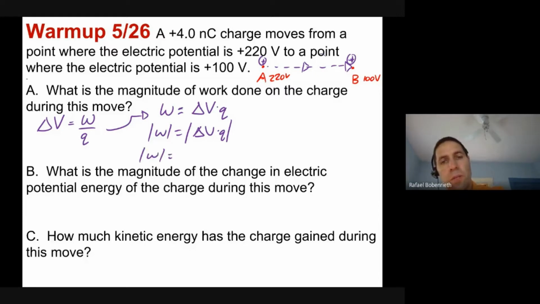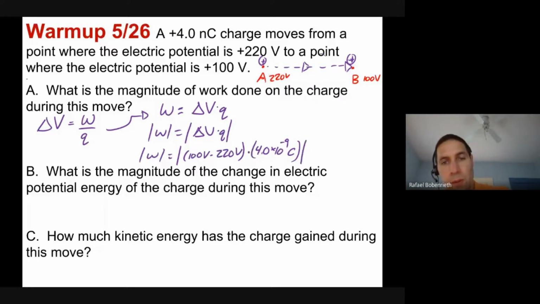The potential difference is just the potential at point B, which is 100 volts, minus the potential at point A, which is 220 volts. That's multiplied by the charge, which is 4.0 times 10 to the negative 9th coulombs, because nano is 10 to the negative 9.